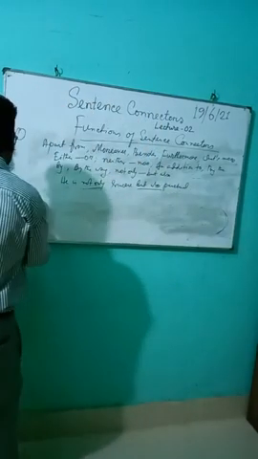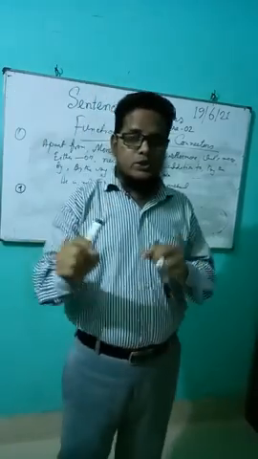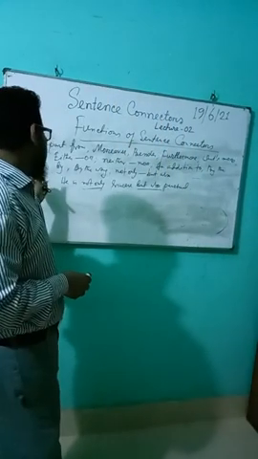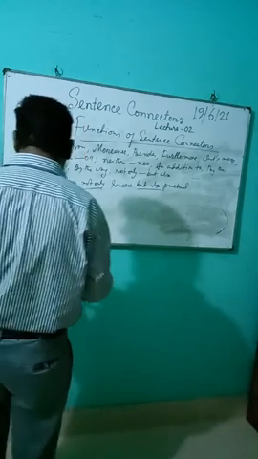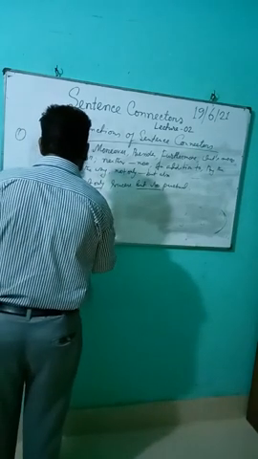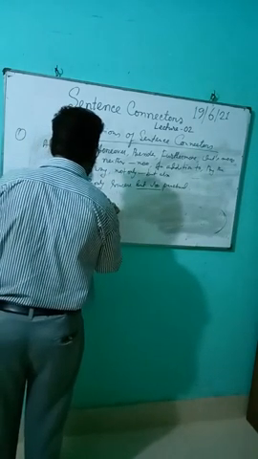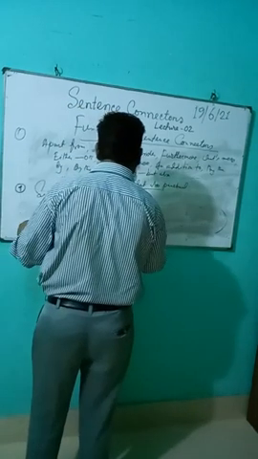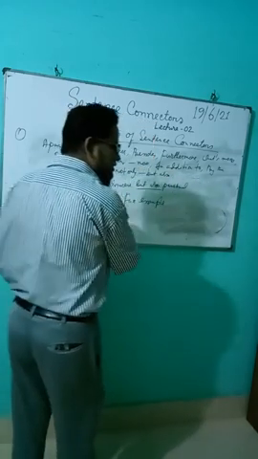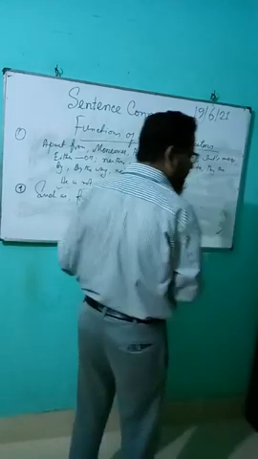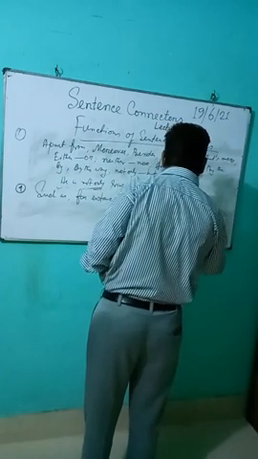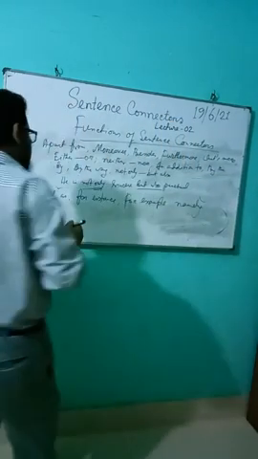Okay, number 4. There are some connectors which are used to show examples, and these are such as, for instance, for example, namely. By these connectors, we can set an example.